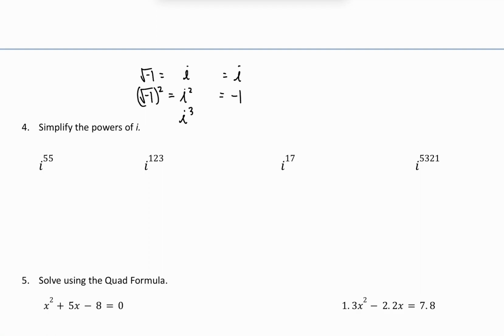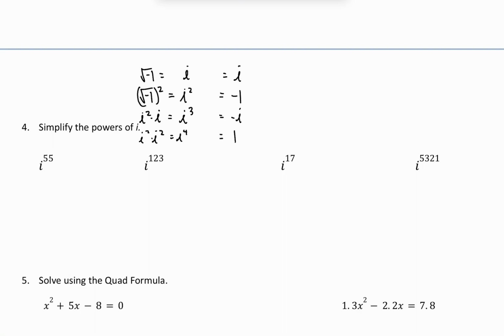Then i cubed will be, if we split this up, i squared times i, which we already know that i squared is -1. So -1 times i will be -i. Then i to the fourth will be, if we split it up, i squared times i squared, which is -1 times -1. So this will be a positive 1.